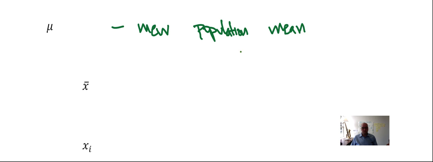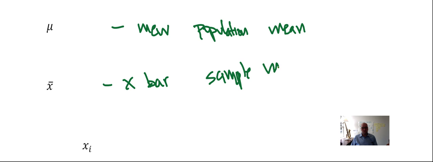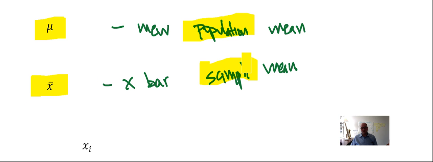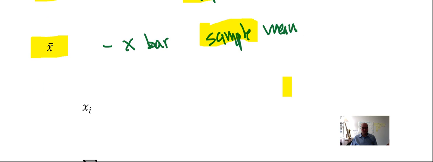So this one right here, we call x bar. X bar, because it's got an x with a bar over it. So this is mu, and x bar is the sample. So far, nothing really exciting here. But when we see this mu, you know we're talking about populations. And when you see this x bar, you know we're talking about samples. So that's why we have two different ones.